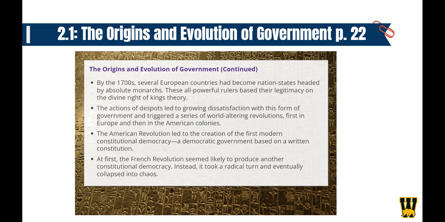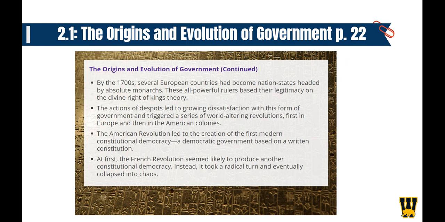The origin and evolution of government continued. By the 1700s, several European countries had become nation states headed by absolute monarchs. These all powerful rulers based their legitimacy on the divine rights of kings theory. The actions of despots or tyrants led to growing dissatisfaction with this form of government and triggered a series of world altering revolutions, first in Europe, then in the American colonies.